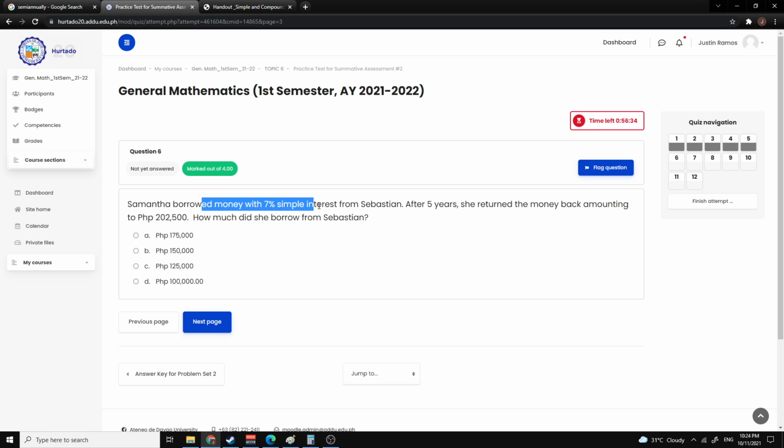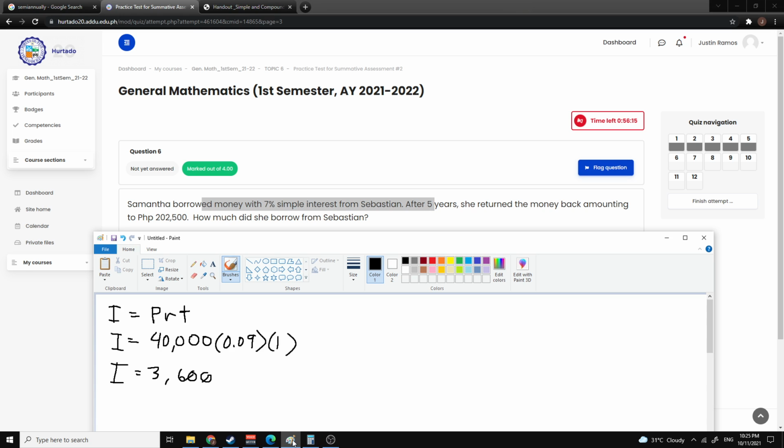So Samantha borrowed money with 7% interest from Sebastian. After 5 years, she returned the money back, amounting to PHP 202,500. That's how you write it.